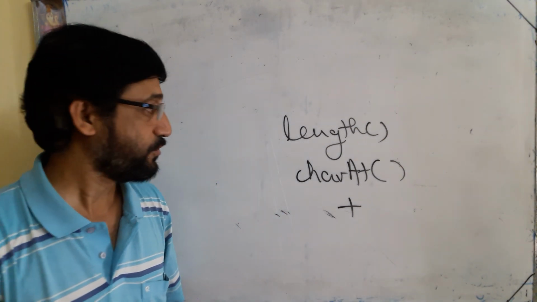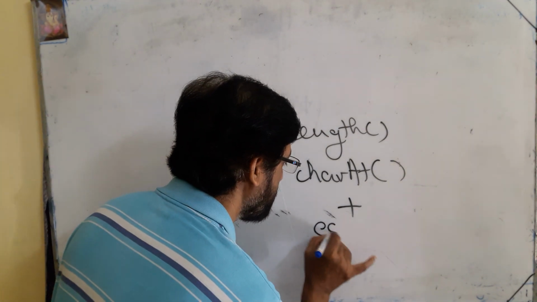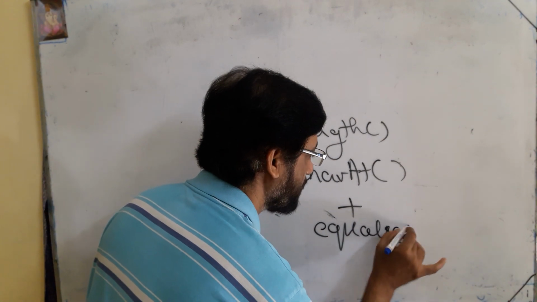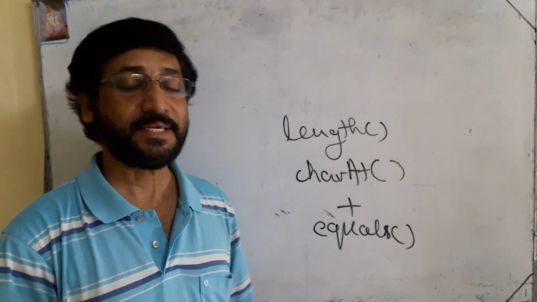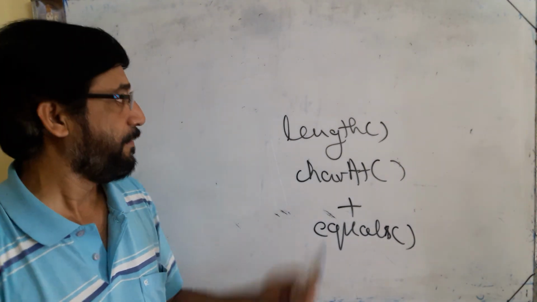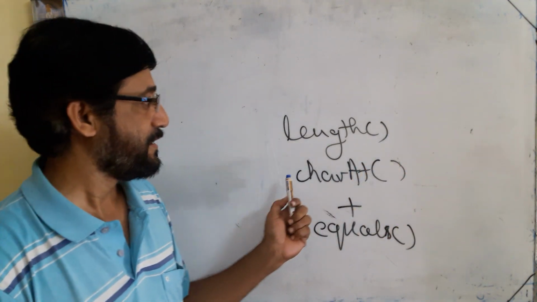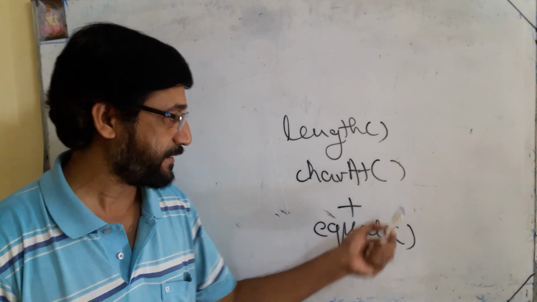So after reversing, now we will check whether the original string is equal to the reverse string. To compare the equality of the two strings, you have to use the equals function. So these are the functions we use to check whether the string is a palindrome string. First is the length function, which is used to find the number of characters of the string. Second is charAt, which is used to select one character after another character.